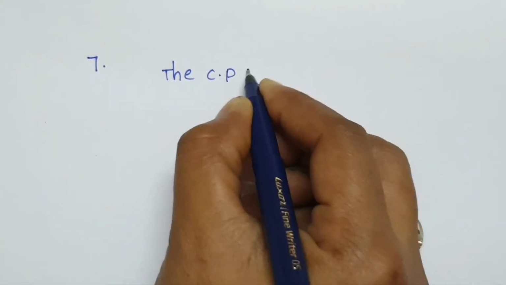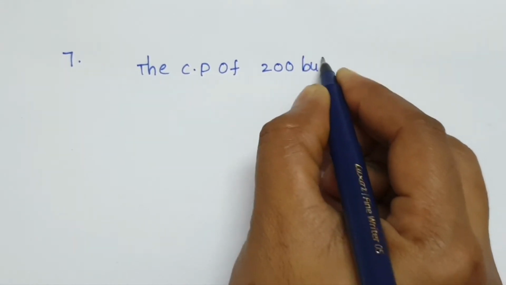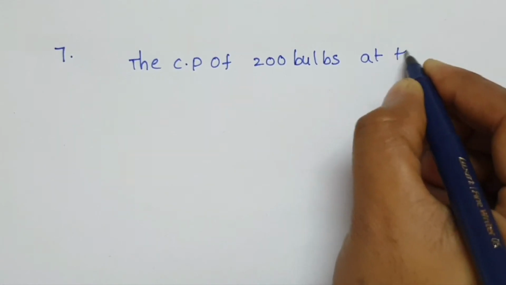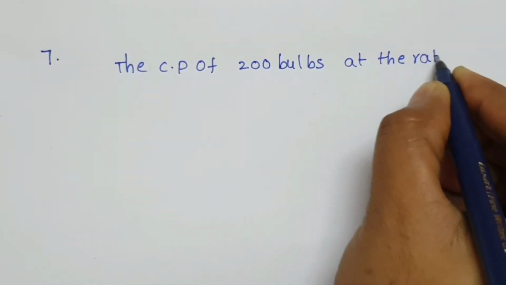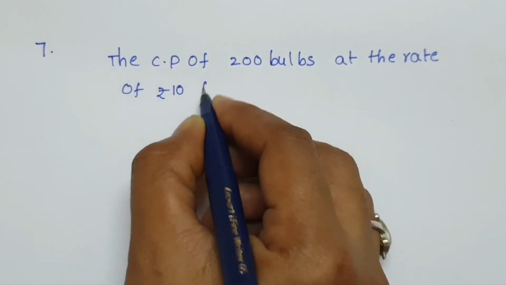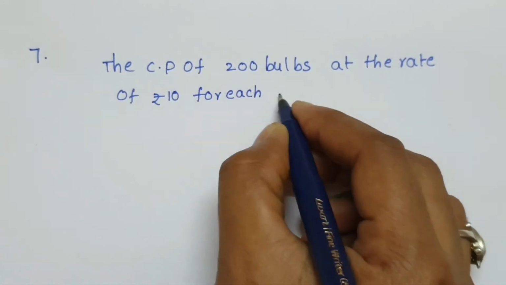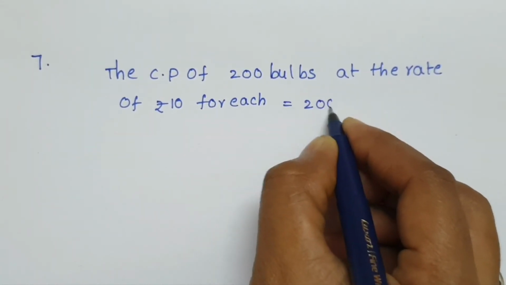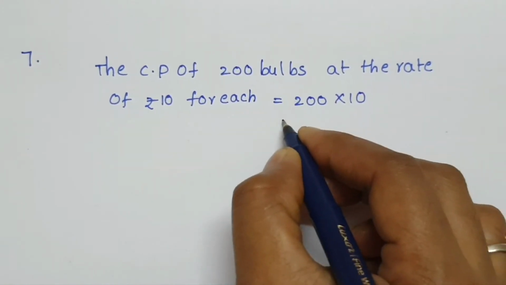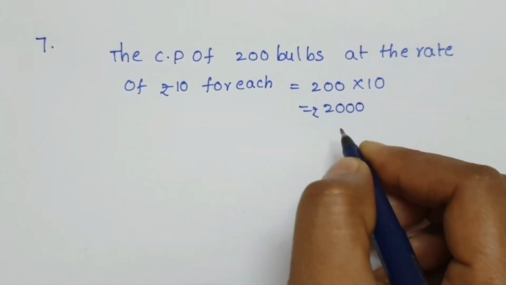The CP, cost price, of 200 bulbs at the rate of 10 rupees each: 200 into 10, we get 2000 rupees.